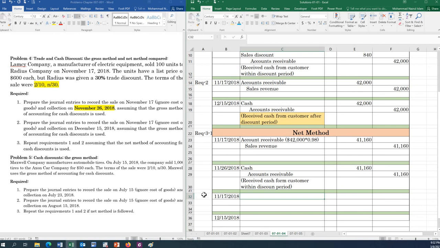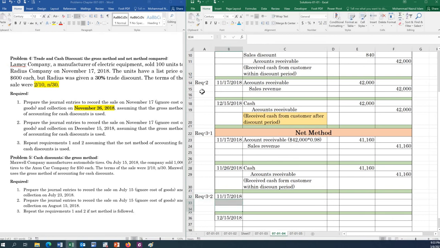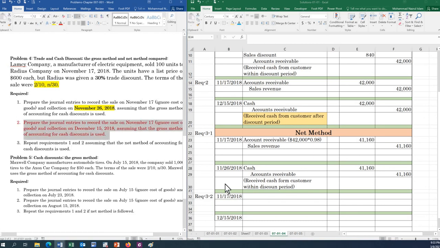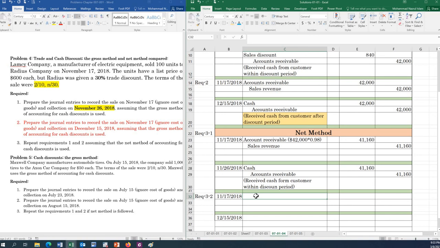Okay, and then this one is requirement 3.2. Okay, it means that we will consider this second scenario from here. Okay, so now let's see the same thing. We are following the net method, so the same entry, accounts receivable debit 41,160, and sales revenue, that is 41,160.